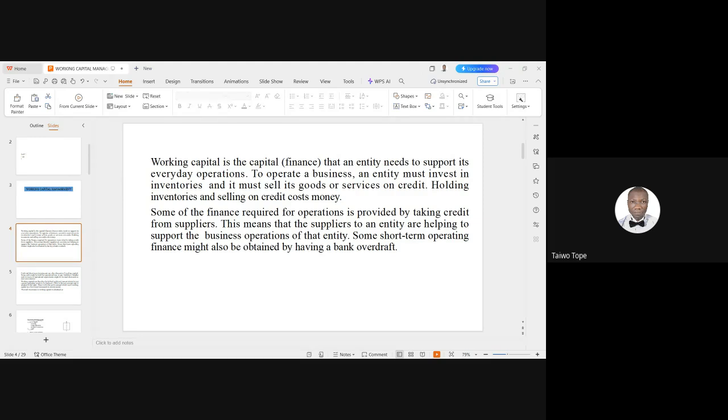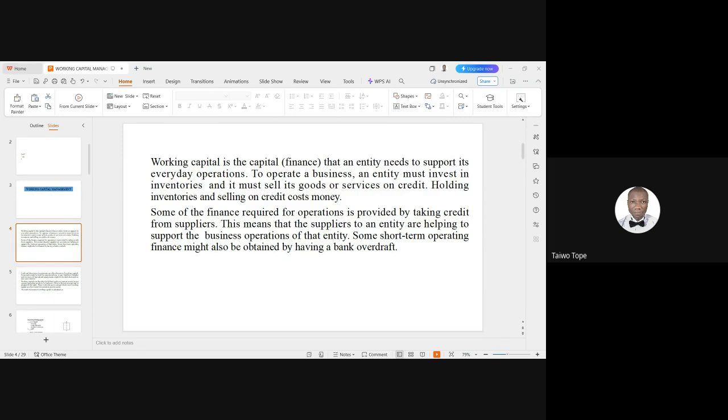So the difference between your current assets and your current liabilities will give you your working capital. So the objective of working capital is to ensure that a business has sufficient liquid resources to continue its business. By the time you don't have cash to run your business day in, day out, it means your business is not healthy. So the objective of working capital is to see that a business can have cash for its day-to-day business operation.